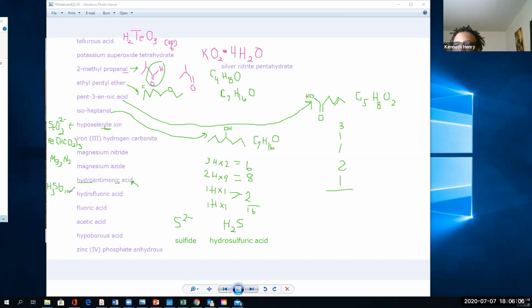If we look where antimony is on the periodic table, how far is it from being a noble gas? 3.